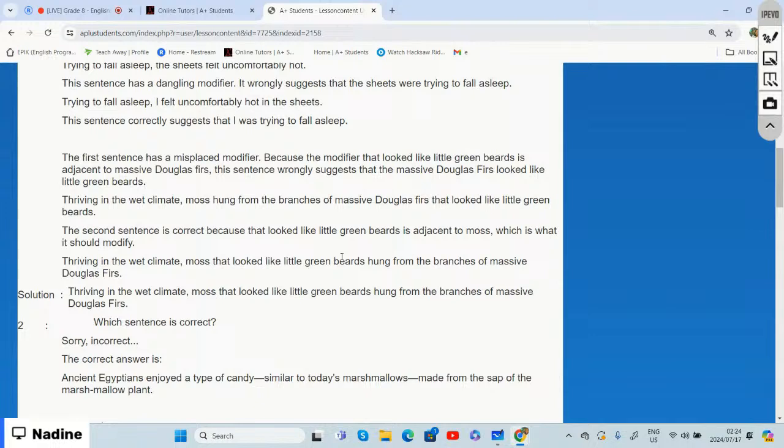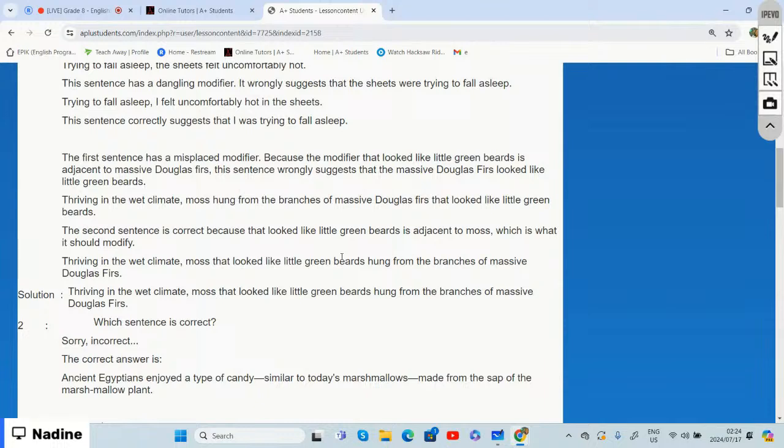All right, so which means that in our first sentence there's a misplaced modifier, because the modifier that looked like little green beards is adjacent to massive Douglas firs. And this sentence wrongly suggests that the massive Douglas firs look like little green beards.